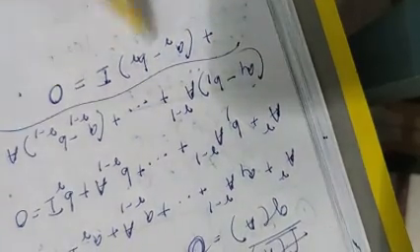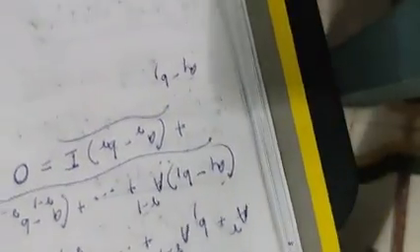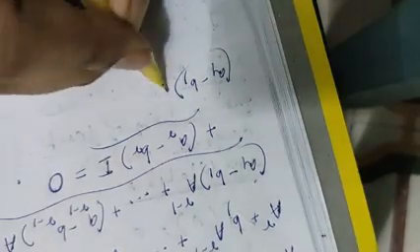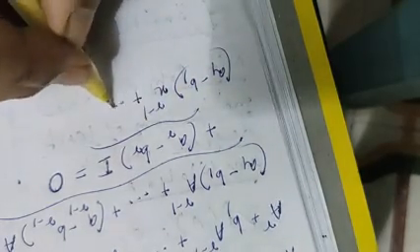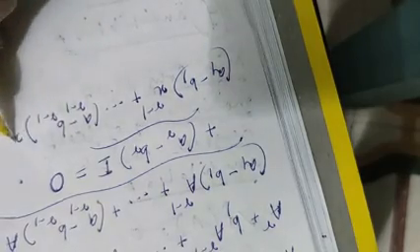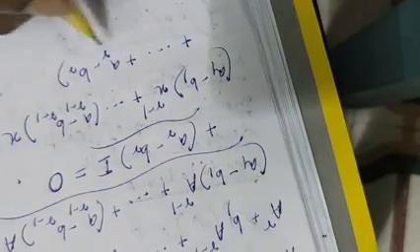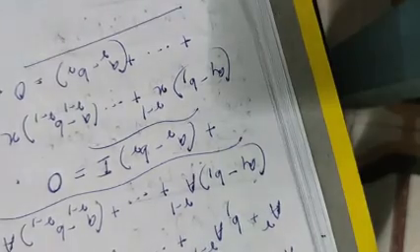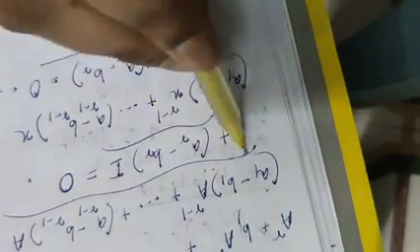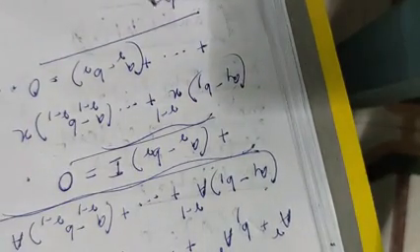Now consider the polynomial (a1 - b1) x^(r-1) + ... + (a_(r-1) - b_(r-1)) x + (a_r - b_r) equal to 0. From this line we can say this polynomial annihilates A.